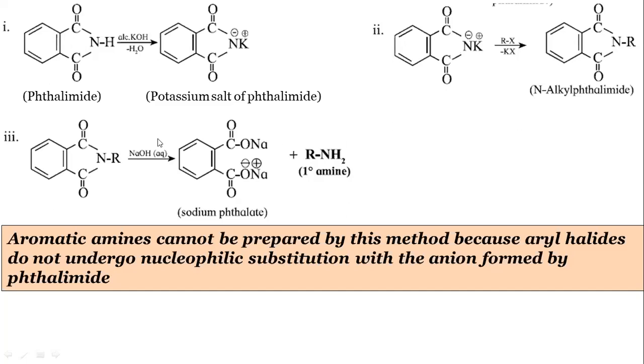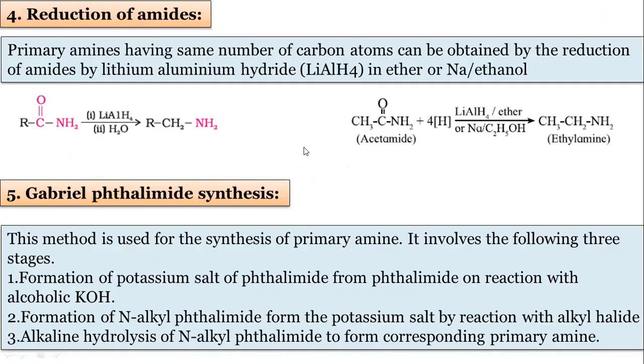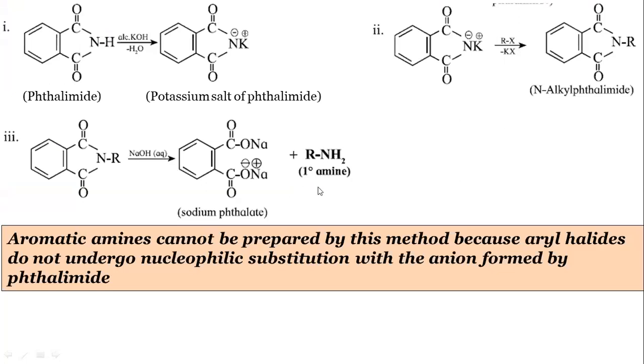Then in the final step, this N-alkyl phthalimide undergoes alkaline hydrolysis with NaOH, a base. We can use KOH also. Primary amine is the main product, and this is the byproduct. Remember, students, consider this the main product and this the byproduct, so don't confuse it. This Gabriel phthalimide synthesis is a preparation of primary amine. So this RNH2 primary amine is the main product, and sodium phthalate is the byproduct.